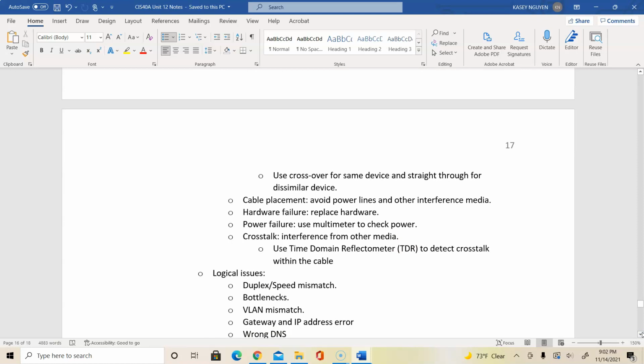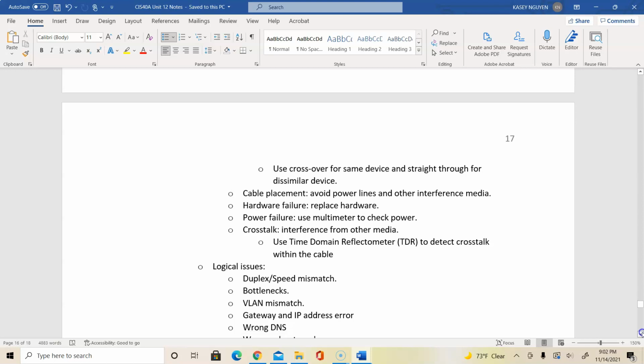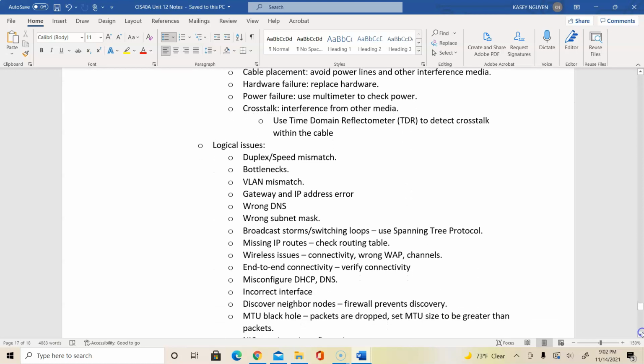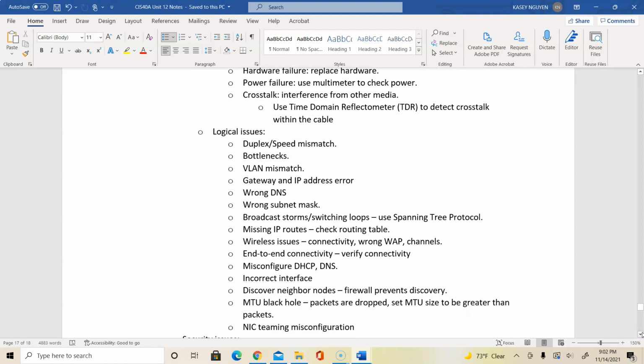On the logical side, we might have bottleneck, VLAN mismatch, gateway or IP address error, duplex speed mismatch, wrong DNS. So all of that really comes back to the configuration of the administration of the network. And so we sometimes would then have a block on the firewall to prevent discovery of your neighbor nodes, or when you have packets being dropped.